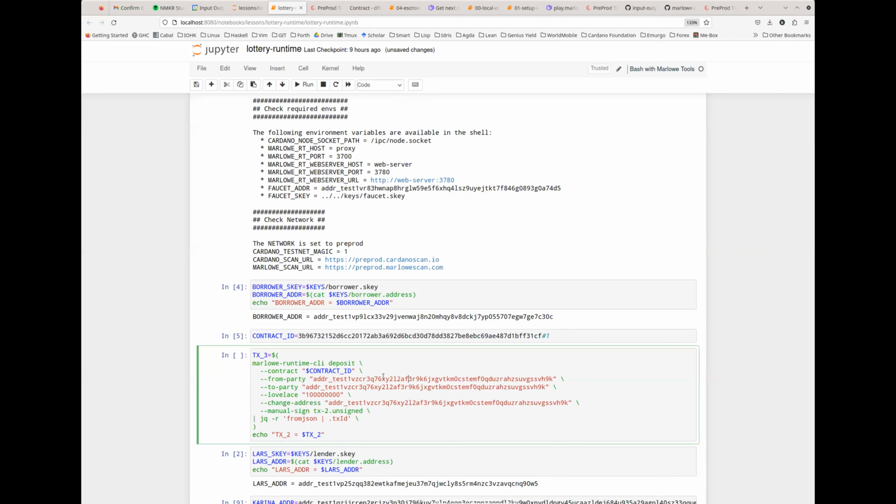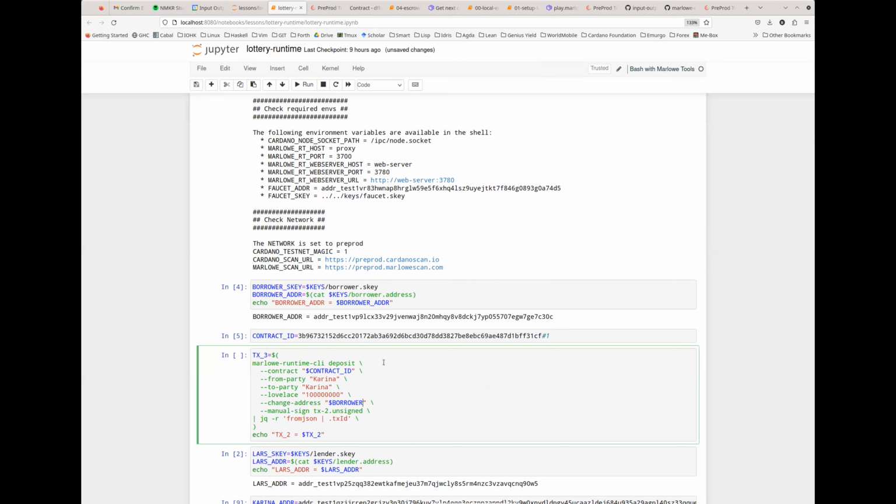Right. So now, in the case of role tokens, you don't give the address, you give the name of the token. So in Karina's case, that was Karina, and paying to her own internal contract. It's Karina. This change address doesn't matter, but I can use this borrower address now, the other one.